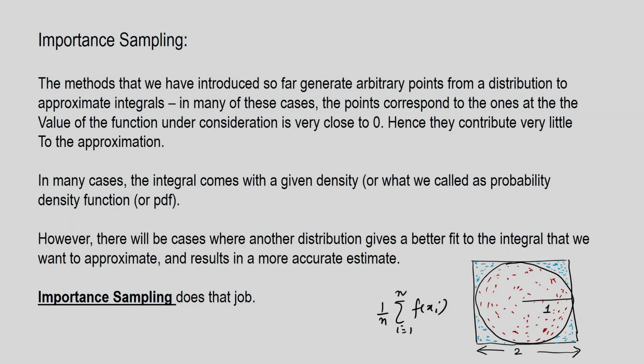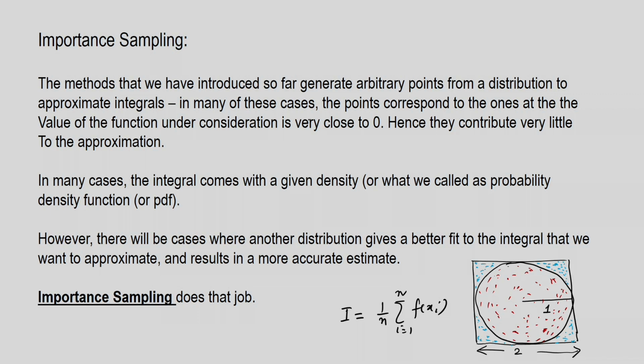You sum all of them up and divide by the number of sampling points. This is equal to the integral of f of x dx from some lower limit to some upper limit. So, this is what we have done, using arbitrary points from a distribution to approximate the integrals.